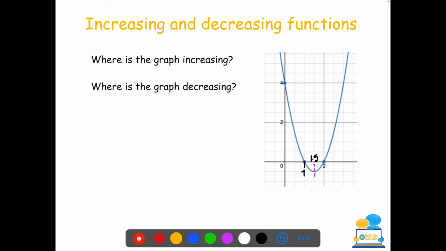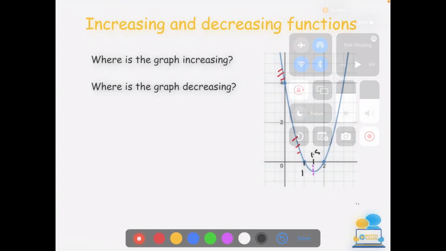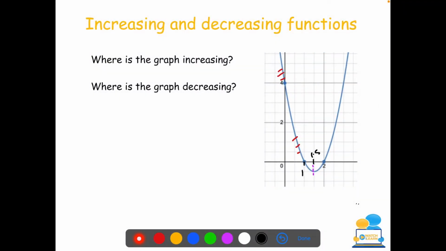Reading left to right, again, the y values are going down when x is less than 1.5. So the graph is decreasing when x is less than 1.5.